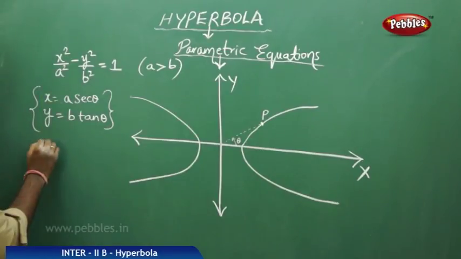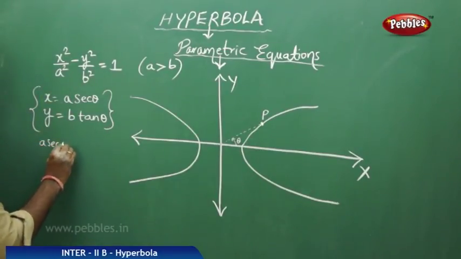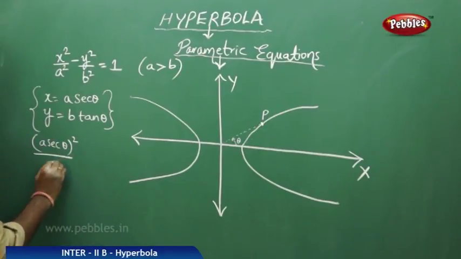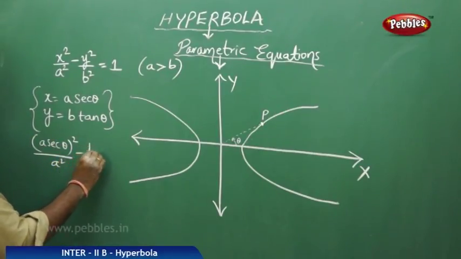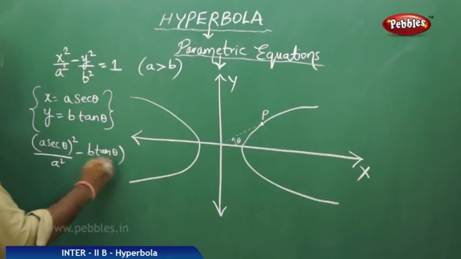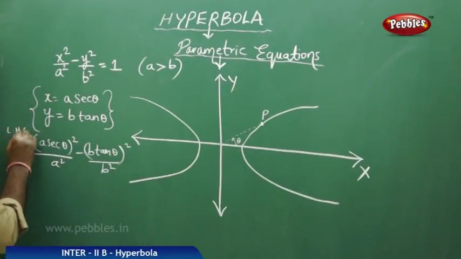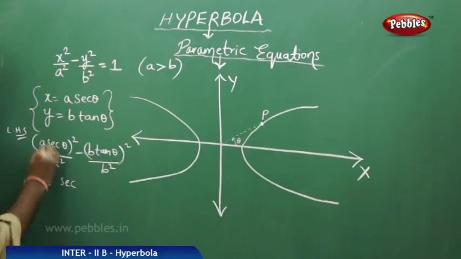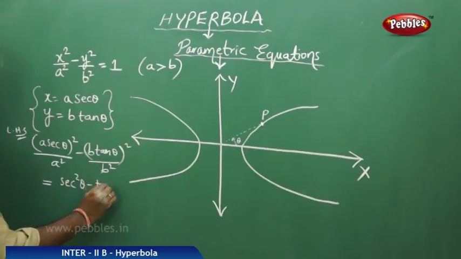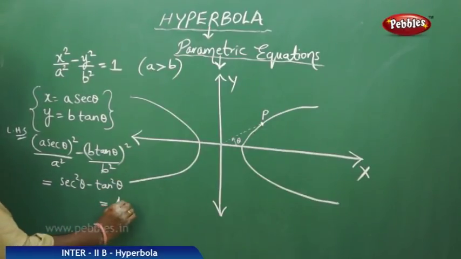then these two parametric equations clearly satisfy the hyperbolic equation, as when substituted with x as a secant theta, whole square by a square, minus b tan theta whole square by b square, which is the left hand side of substitution, gives us a square by a square cancelled, secant square theta minus tan square theta, which is equal to 1.